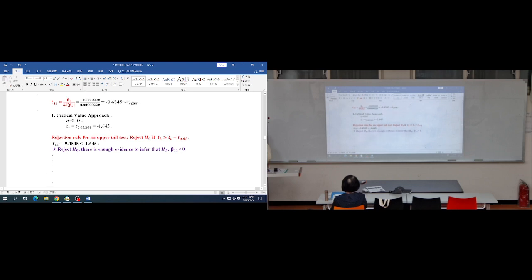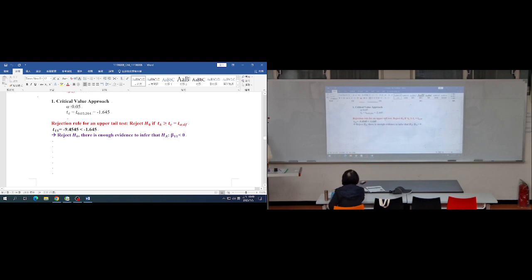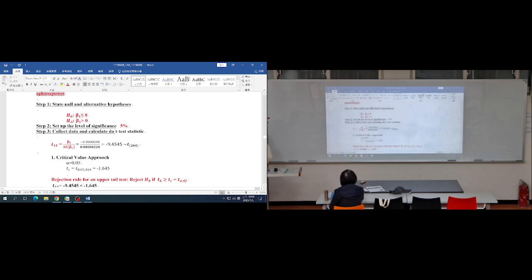So what is the alternative hypothesis? Do you understand my question? We are working with the alternative hypothesis. We're looking at horsepower square, right?